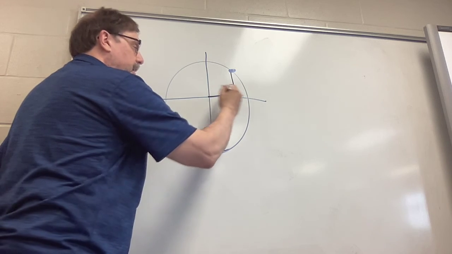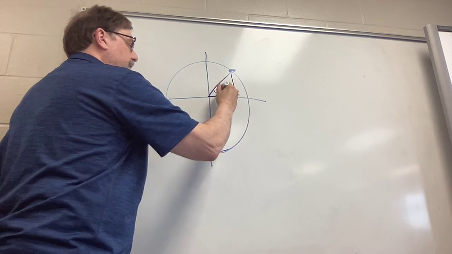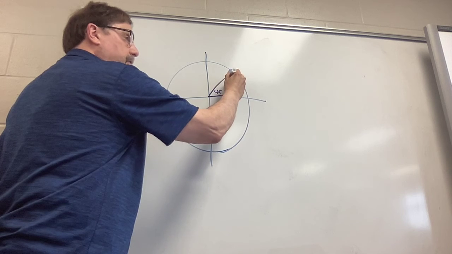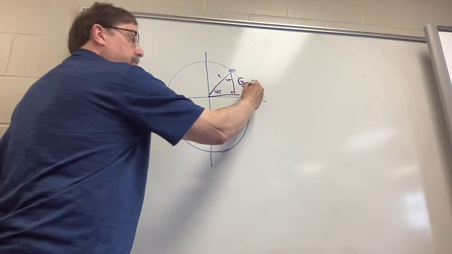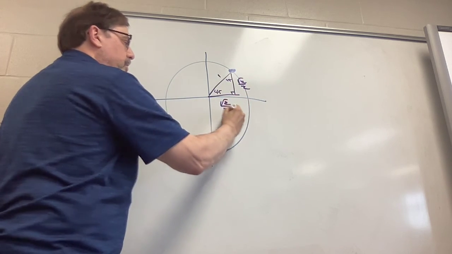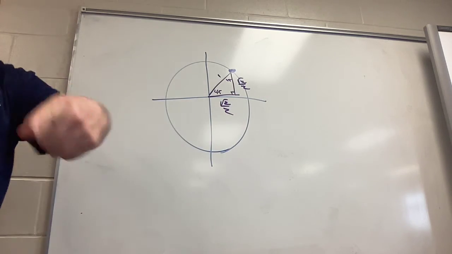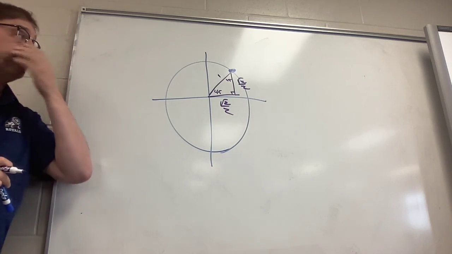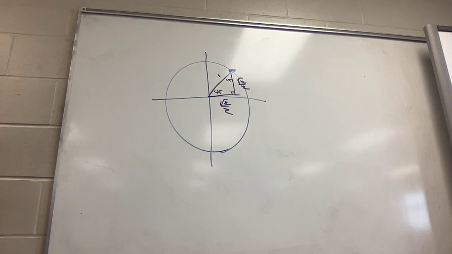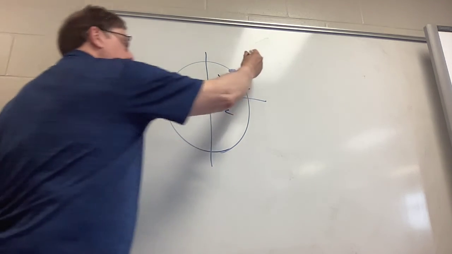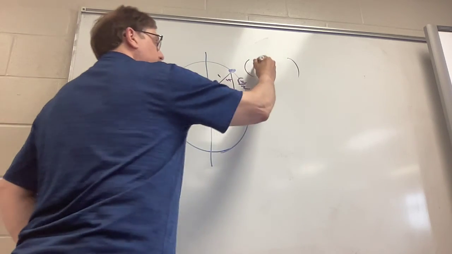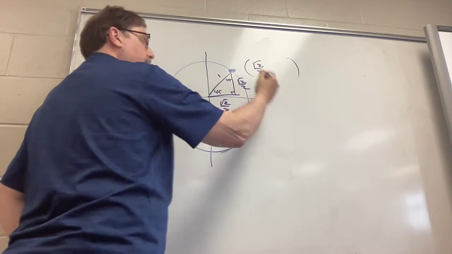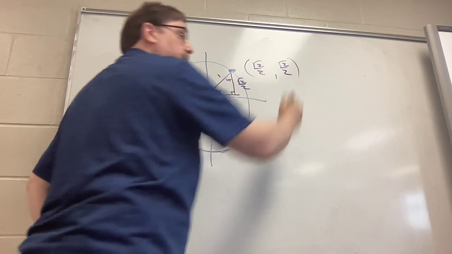Go over, connect it, 45 degrees, 45 degrees, 1, root 2 over 2, root 2 over 2. Just taking that triangle, which the at-home people can't see. So on a sheet of graph paper, we go over root 2 over 2, we go up root 2 over 2.